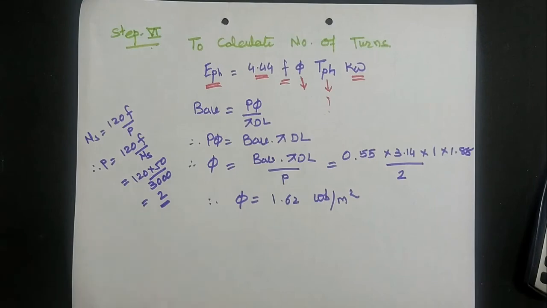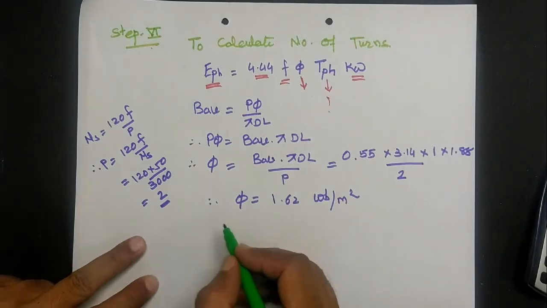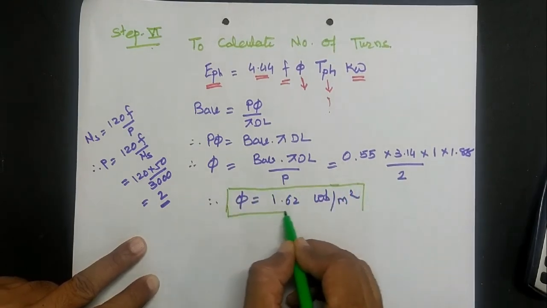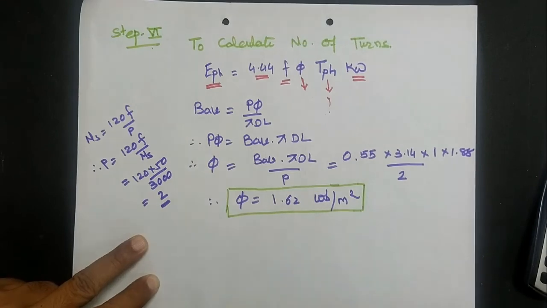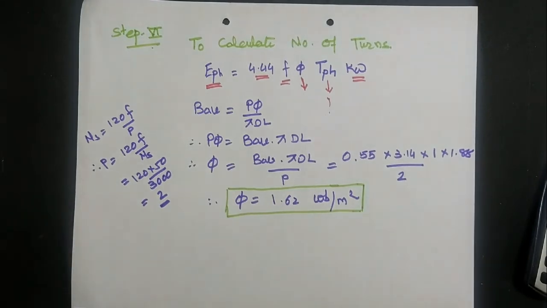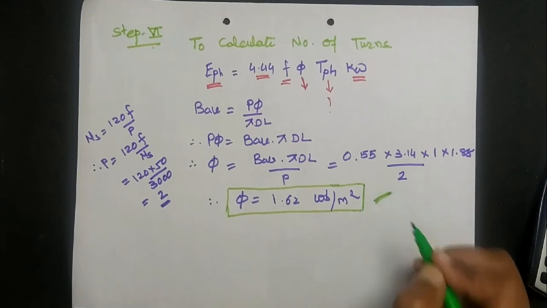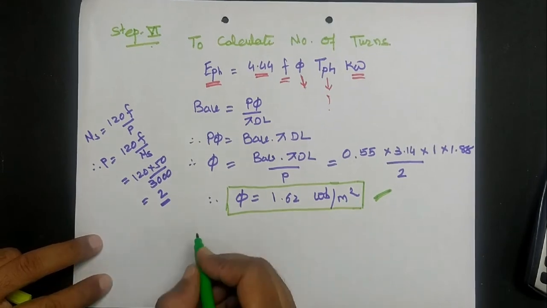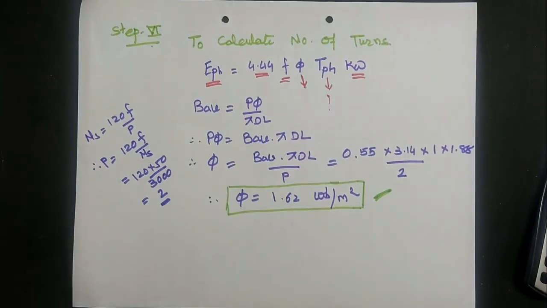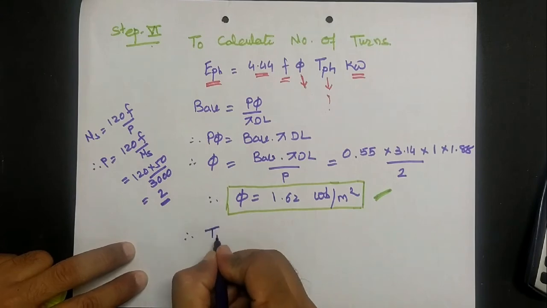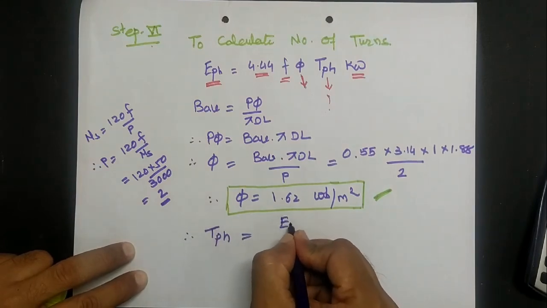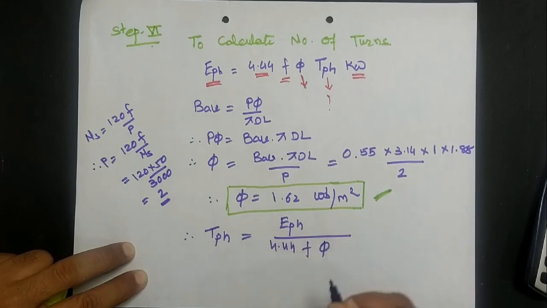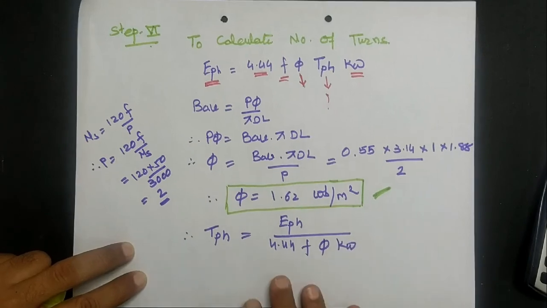That is our flux. So in step number 6 we are supposed to calculate number of turns per phase, but in this equation we require the value of flux phi. So now we have calculated the value of flux phi. Now if we substitute this value in this equation, ultimately our equation becomes turns per phase equals EMF per phase divided by 4.44 multiplied by f multiplied by phi and multiplied by kW.